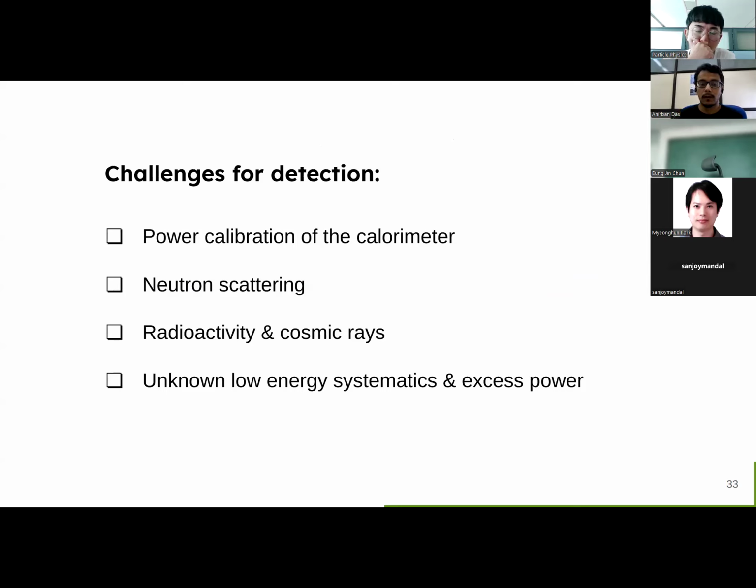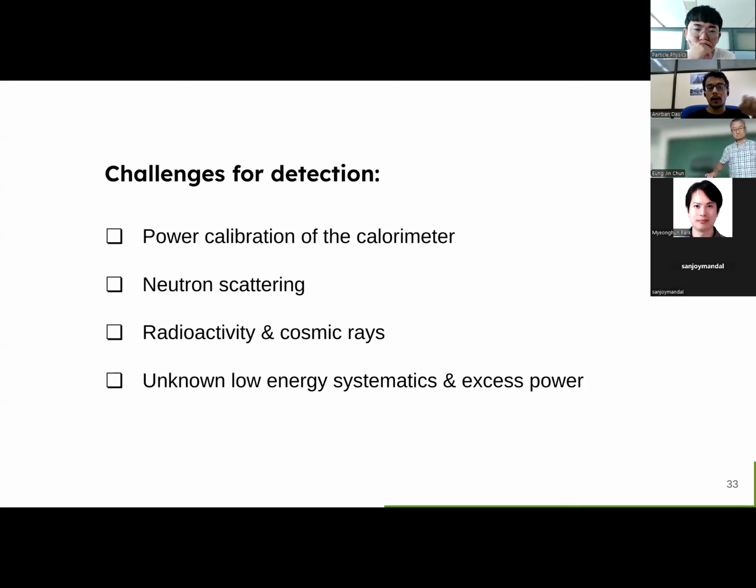Now, all of this is about putting constraints on the dark matter-nucleon scattering, right? If you actually want to claim a detection of dark matter, you have to do a little bit more work, because this is where the disadvantage of this method lies compared to the recoil experiments.